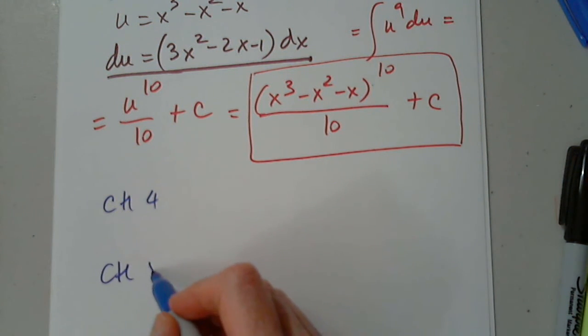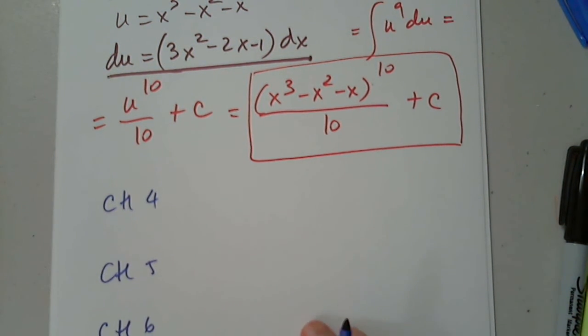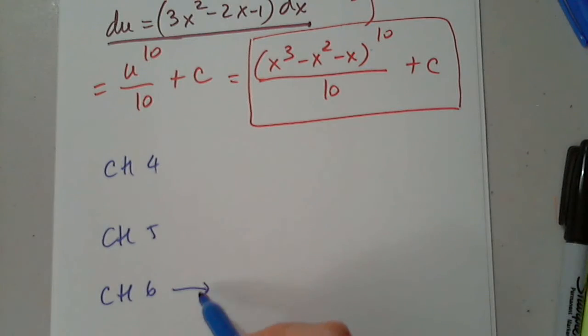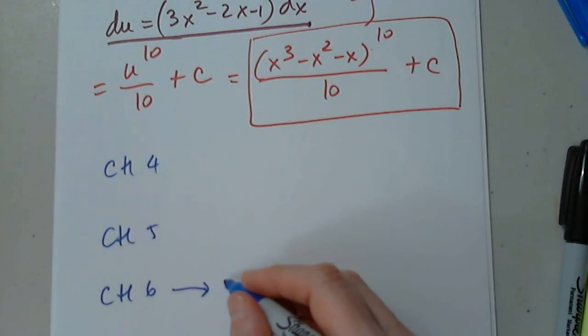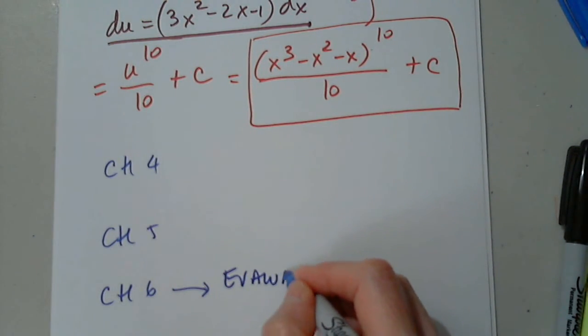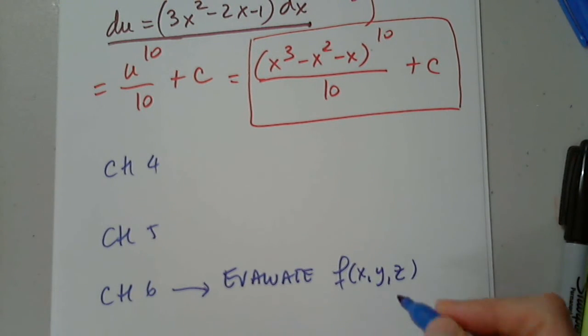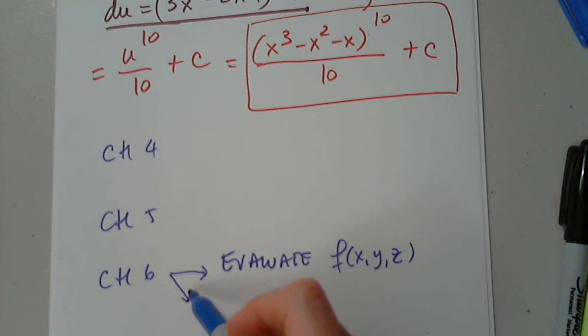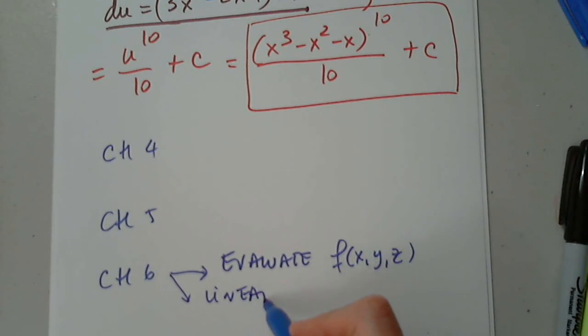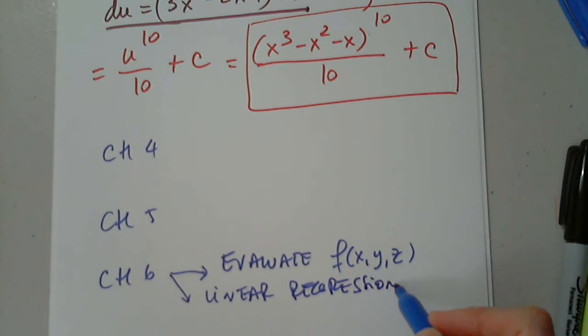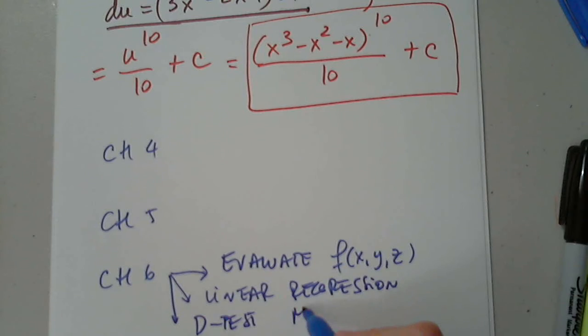Chapter 4, Chapter 5, Chapter 6. Here, evaluate, like f of x, y, z. Number 2, linear regression. Number 3, the d-test, finding max, relative max, min.